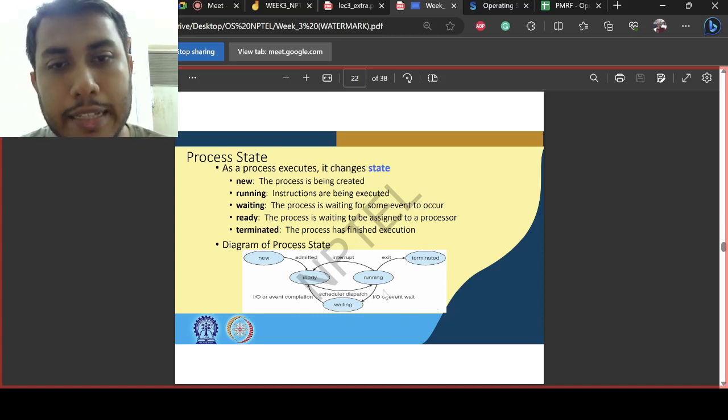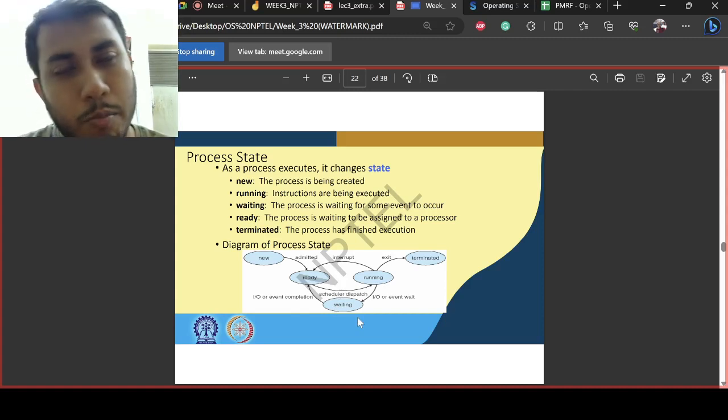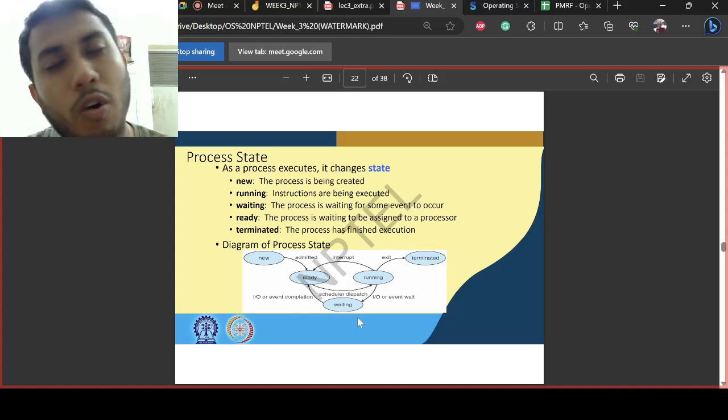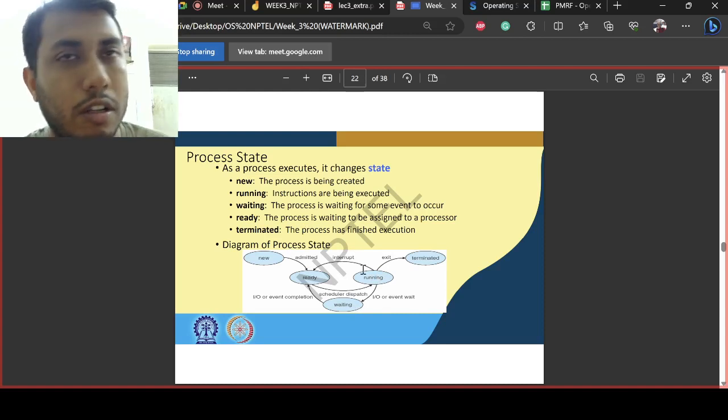Now, let's say an IO event occurs. If an IO event occurs, it goes to the waiting pool. In the waiting pool, it performs IO activities, let's say taking input from the keyboard, and then goes back to the ready state. In case of an interrupt, it directly saves its context. Context in the sense is the stack, the data, the heap.